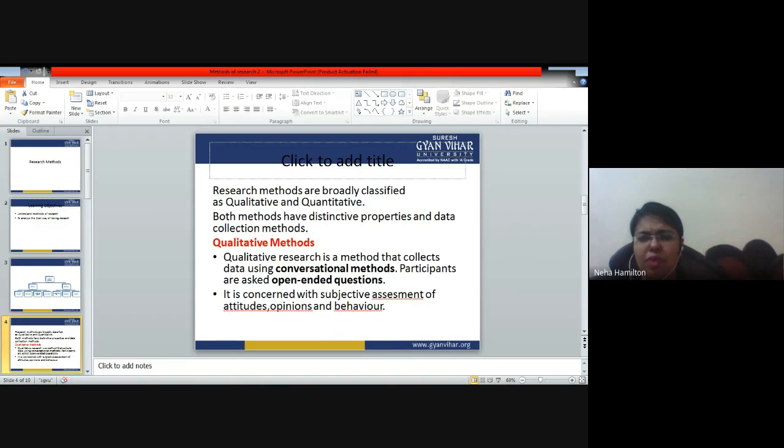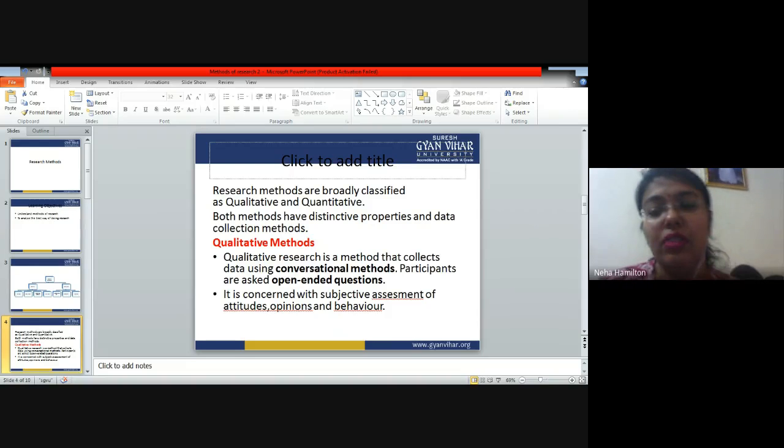You do have a proper set of questions, but the interview can go in any direction depending on the interest of the people taking part in that particular interview. That is called the qualitative method, and that's why it is called a conversational method. Participants are asked open-ended questions.